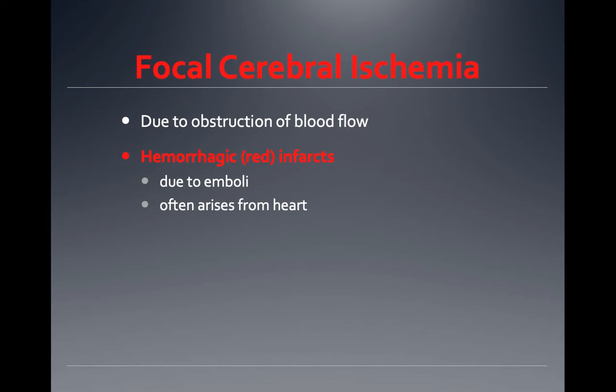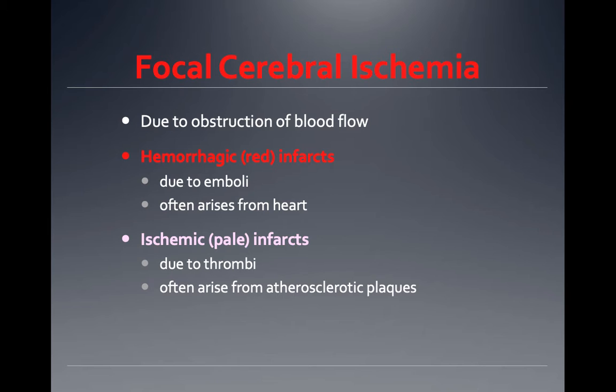You can also have what's called focal cerebral ischemia, and this is due to obstruction of blood flow. For instance, you might have an emboli, and this is going to cause the hemorrhage-looking area in the brain, and this hemorrhagic infarct is kind of a reddish-brownish color when you look at the brain itself. These emboli typically arise from the heart.